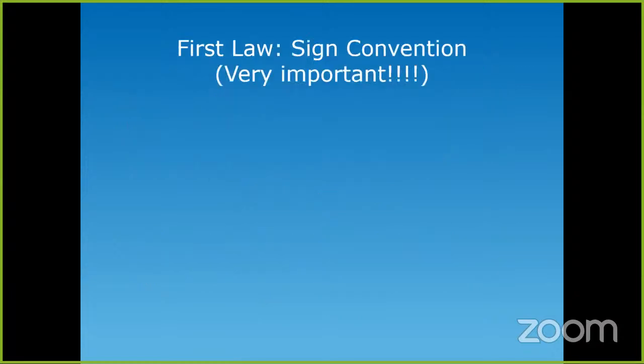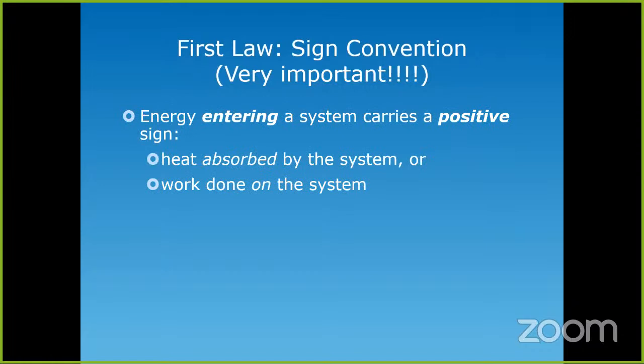All right, at this juncture, I want to talk to you about the use of this equation, and more specifically, the sign convention that comes into play when you're using it. The first thing I want to mention is that when energy is entering any system, the change overall for that system is going to be positive, because the system is absorbing energy, so its energy will increase.